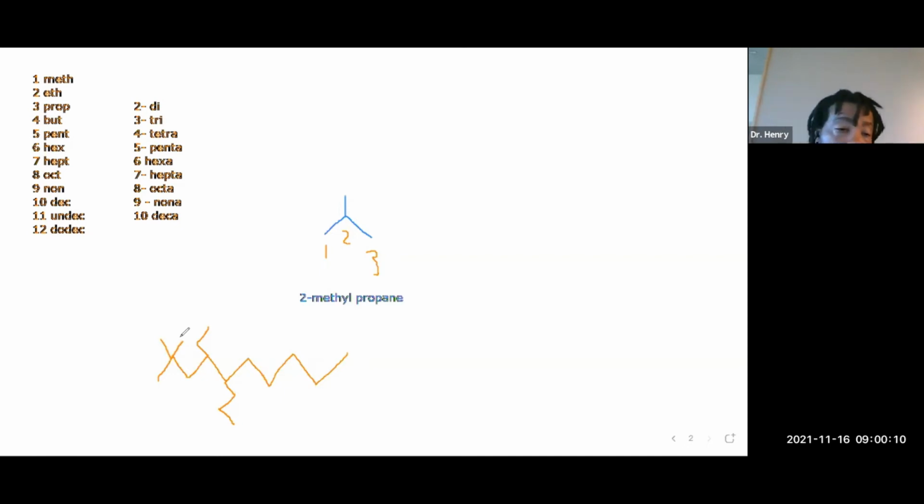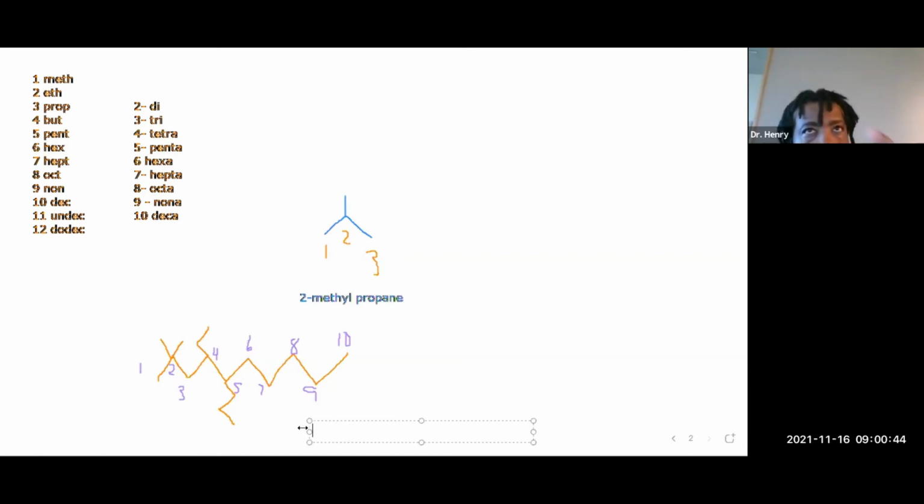So here we want to find the longest carbon chain first. Let's go ahead and count. That's 1, 2, 3, 4, 5, 6, 7, 8, 9, 10. So it's a 10 carbon chain.